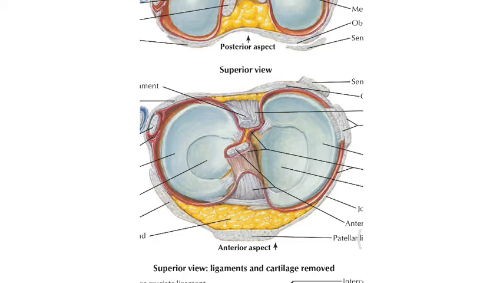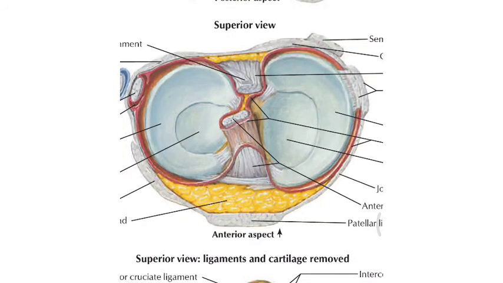Then we also have to appreciate some other interesting features. This is the posterior part of the fibrous capsule of the knee joint. From the posterior part, let's trace the red lines, that is the lining of the synovial membrane.